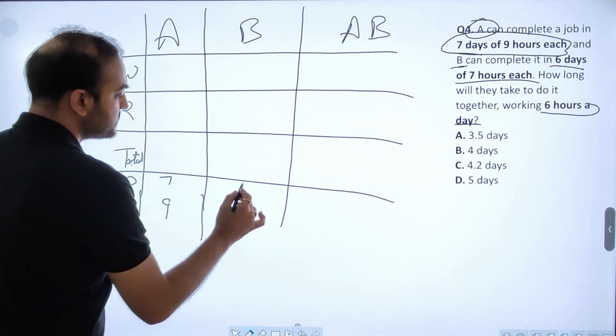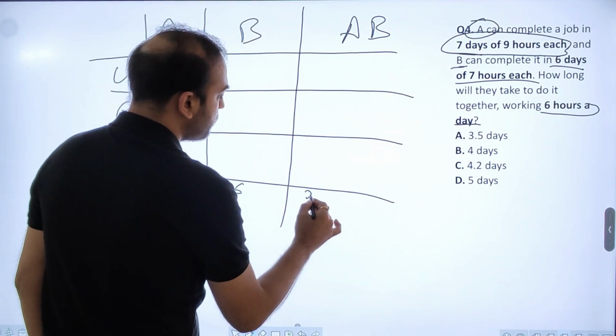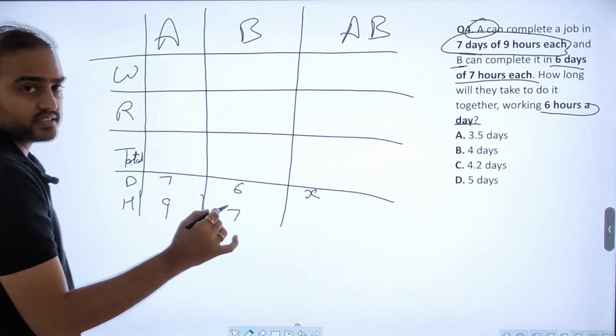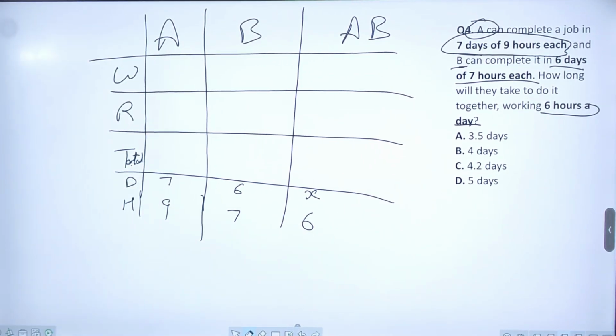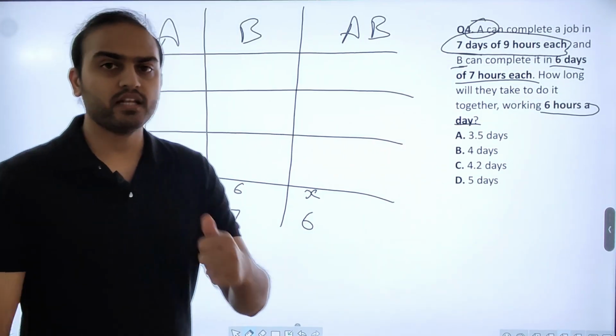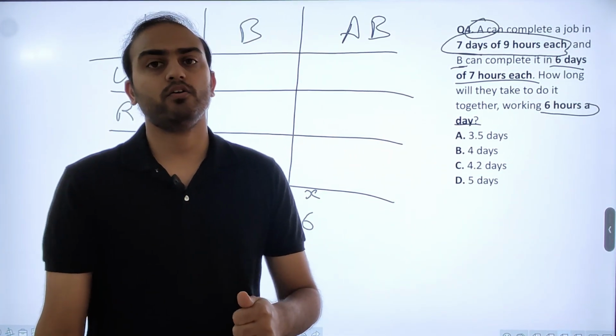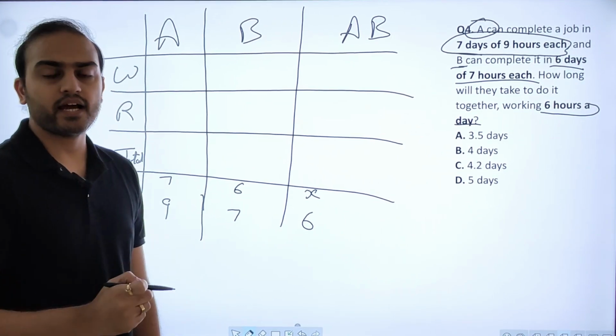I have days, so A is working for 7 days of 9 hours each. B is working for 6 days of 7 hours each. A and B are working for, I don't know how many, say X days of 6 hours each. So total time taken by A: if you are working 9 hours every day and you are working for 7 days, so you will charge for 63 hours.